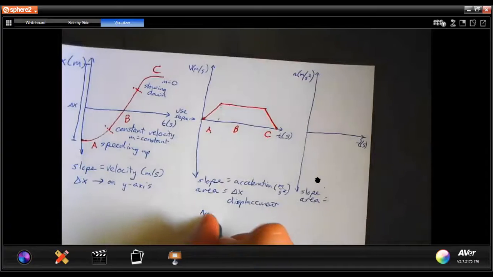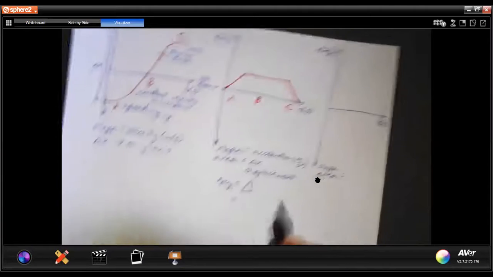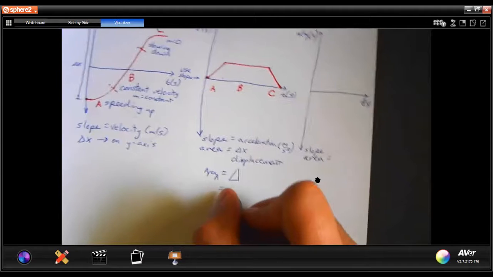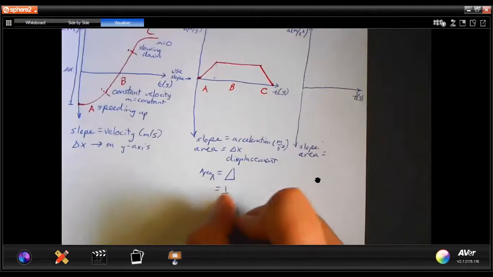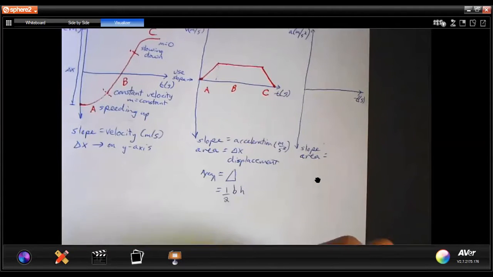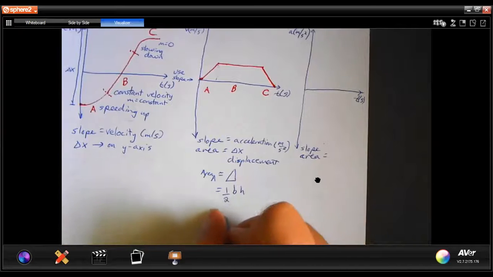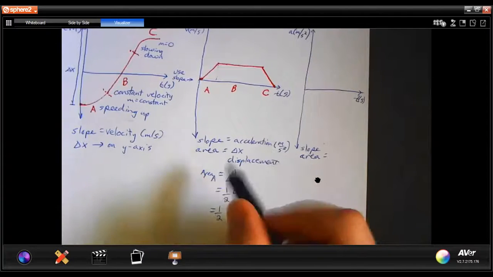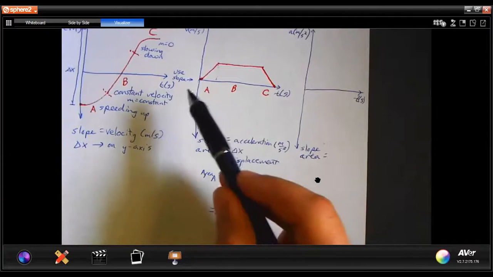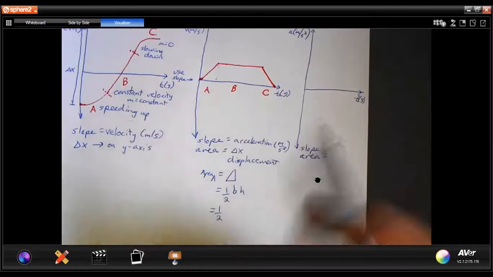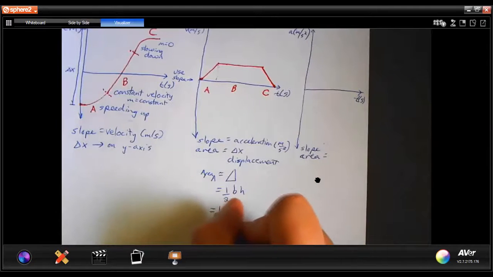If we look at just the area of A, I'm going to say area of A is a triangle. So it has an area of 1/2 the base times the height. That 1/2 is just going to be 1/2. The base is time, so it has units of seconds.